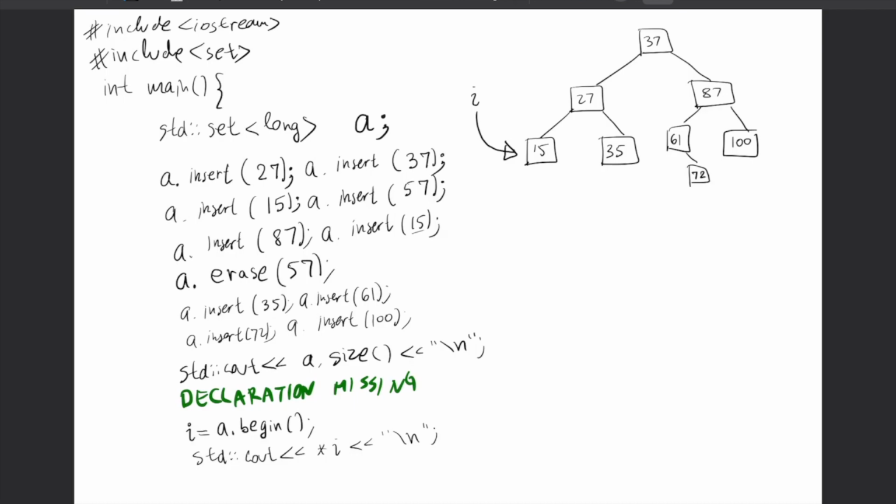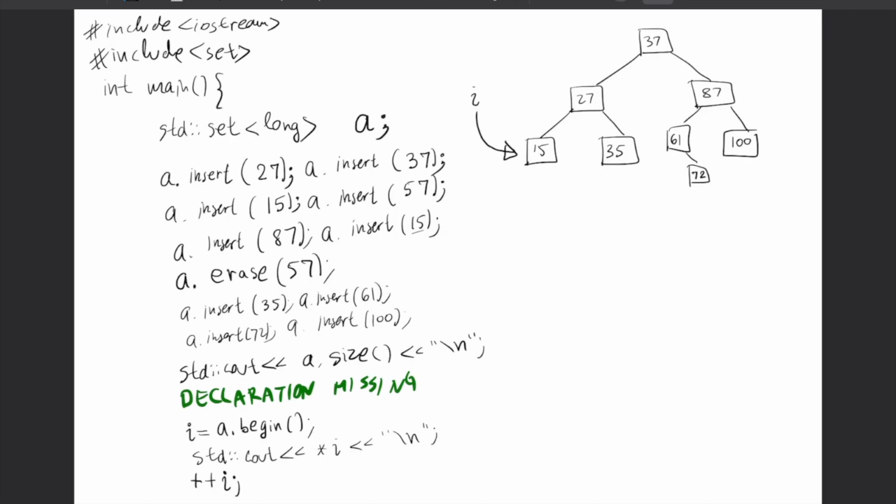If we want to print the next element of the set, we should increment the iterator. Plus plus I is a command that will result in a very sophisticated behavior. The iterator will not point at 15.